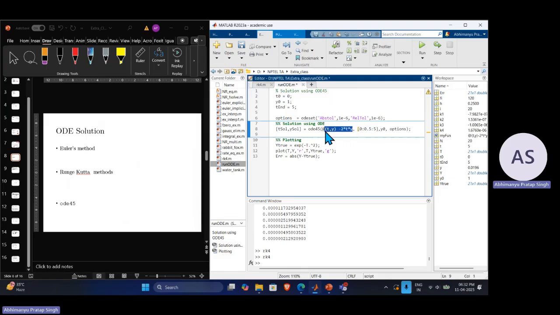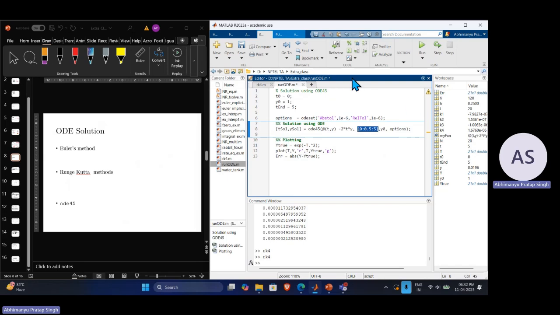So this is the function handle. We need to pass a function handle to ODE45. This is the time steps that we want the solutions at. So this is not the time steps internally at which ODE45 calculates the solution. It uses adaptive time stepping, so it goes back and forth.